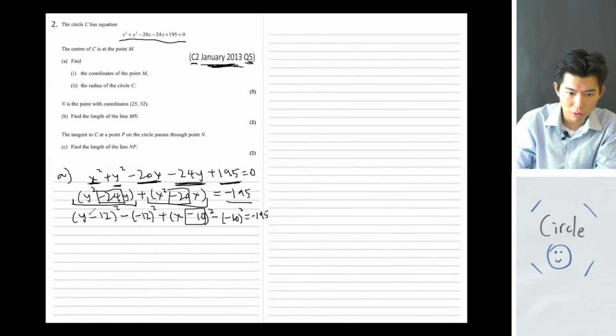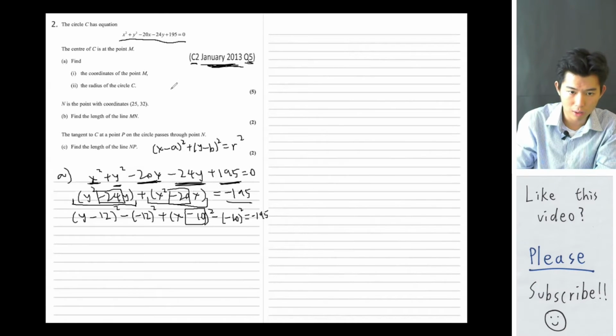So from there, I'm just gonna clean this answer up in order to write it in the form (x - a) squared plus (y - b) squared equals r squared, in order to find the center, which is the point M, and the radius of the circle C.